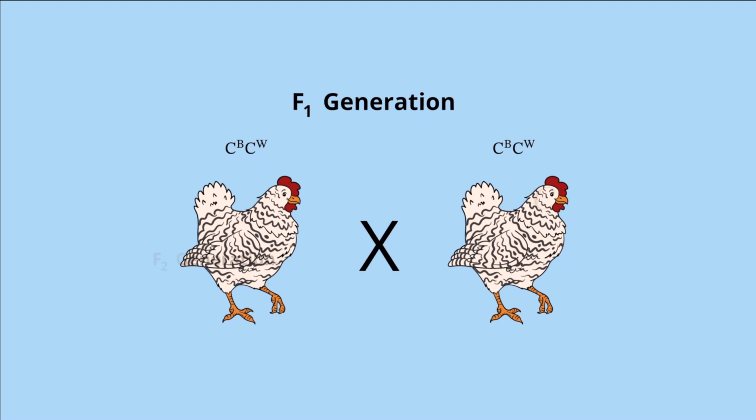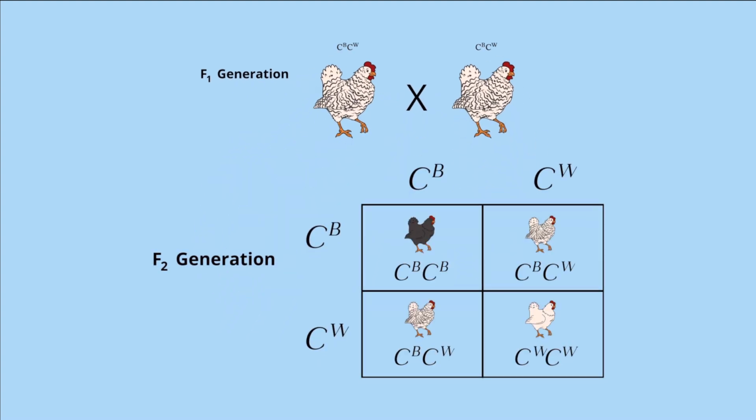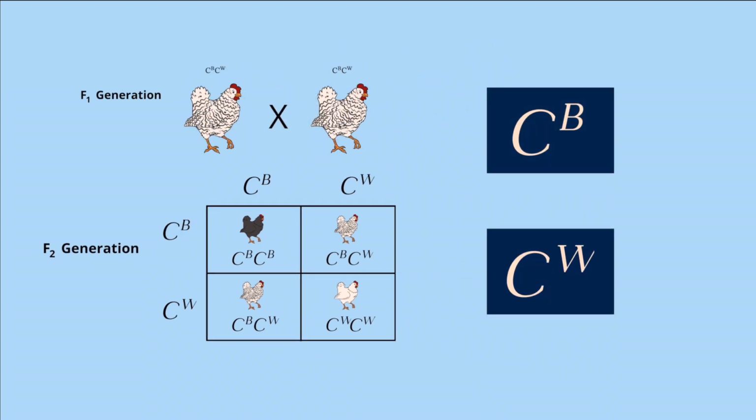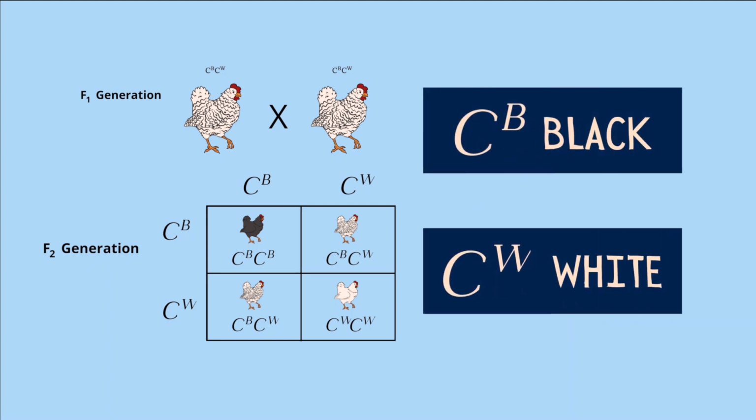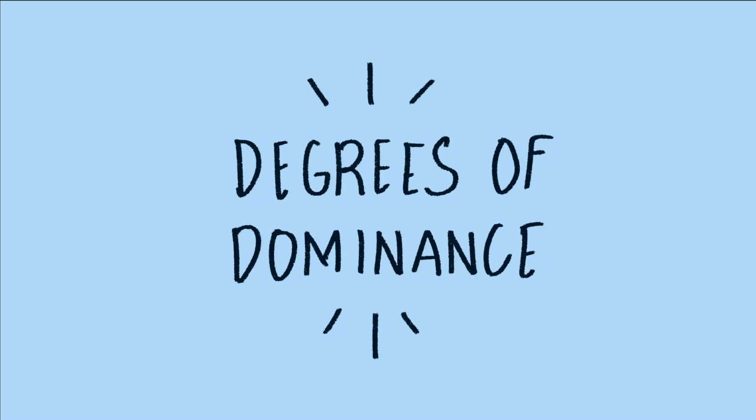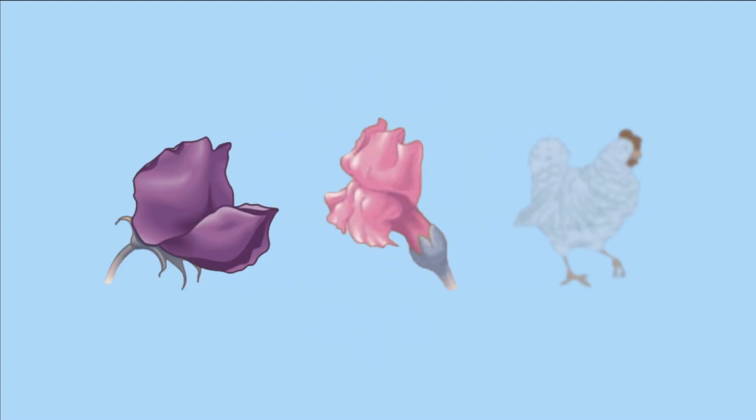Interbreeding F1 hybrids produces F2 offspring with a phenotypic ratio of 1 black to 2 black and white to 1 white. In this cross, we use C with a superscript to denote the allele for feather color, C^B for black and C^W for white. And that is how different degrees of dominance lead to unique inheritance patterns.